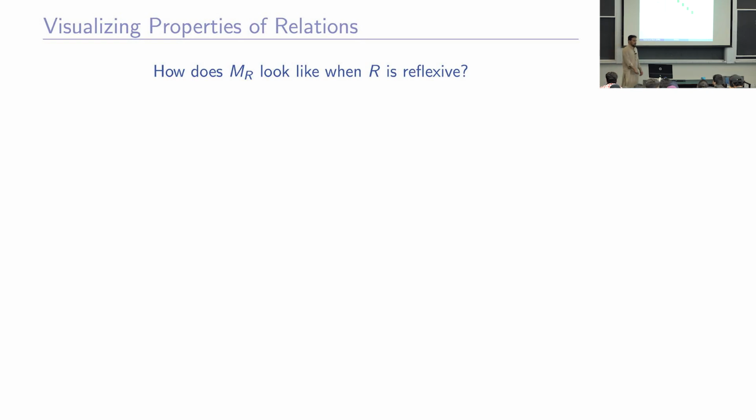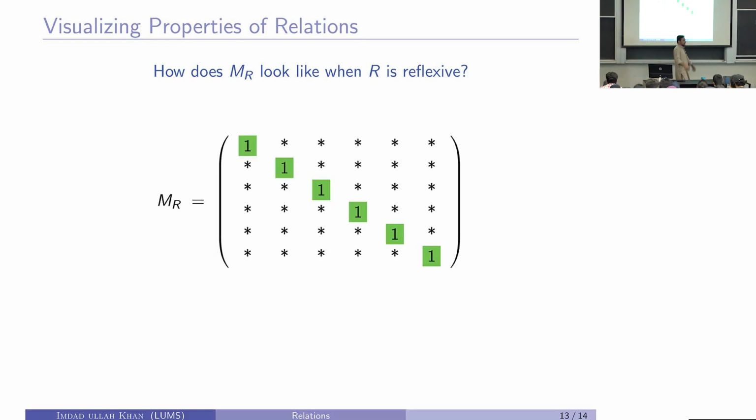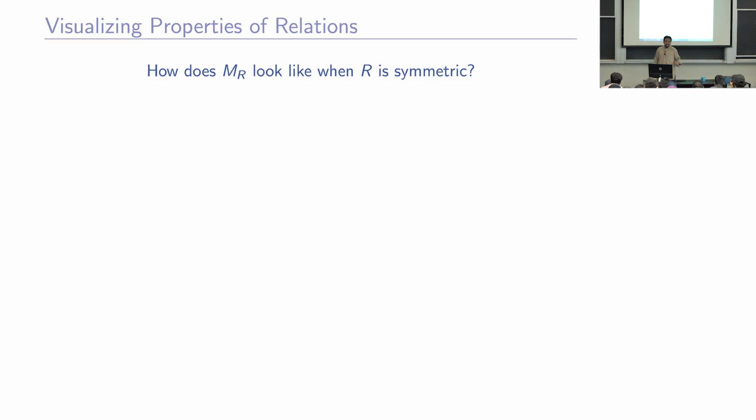So the main diagonal should be 1 and there could be anything in the upper triangle or lower triangle. The main diagonal only makes sense with a square matrix. What would the matrix look like when the relation on a set is reflexive?